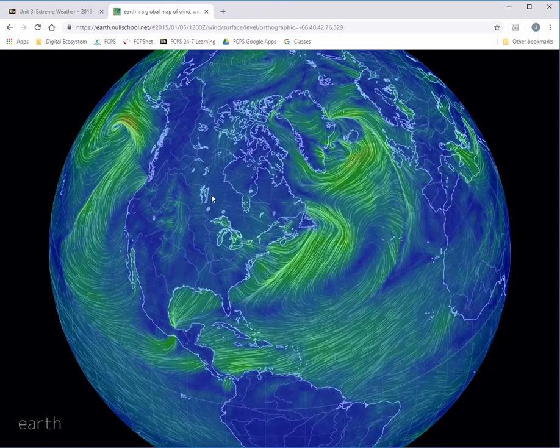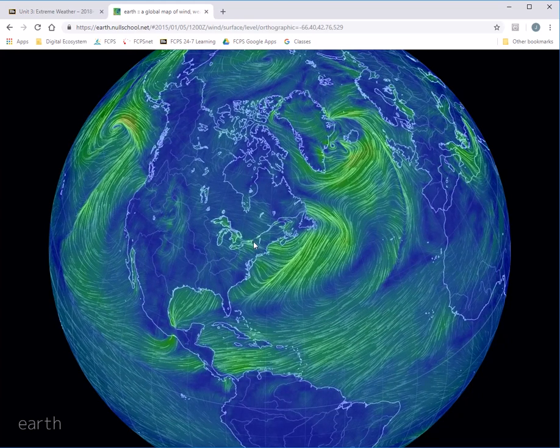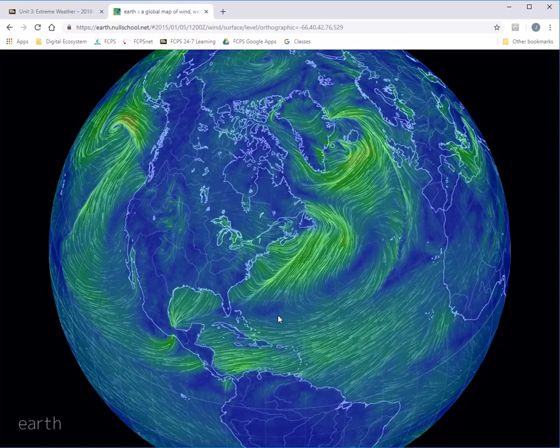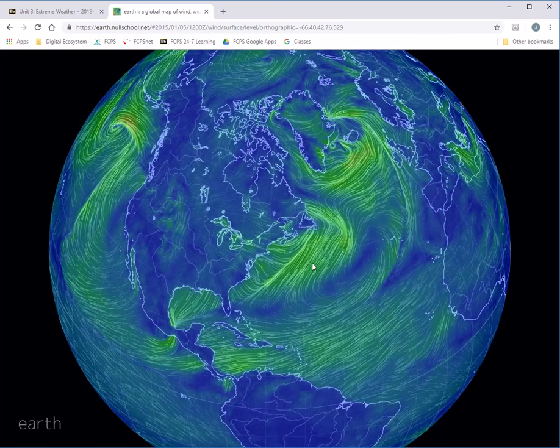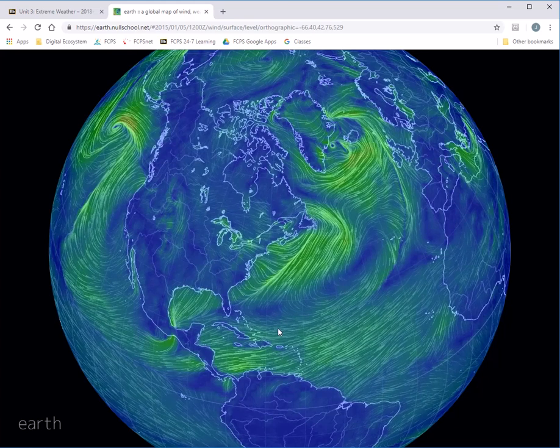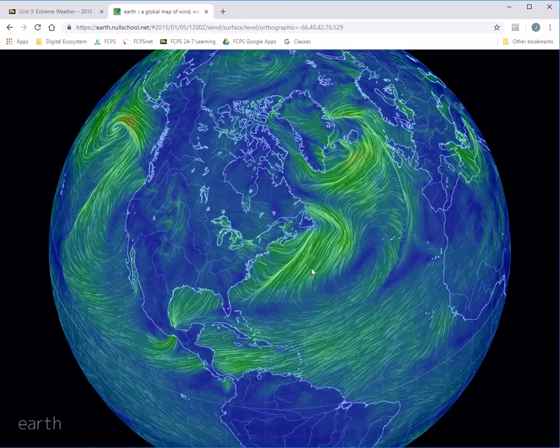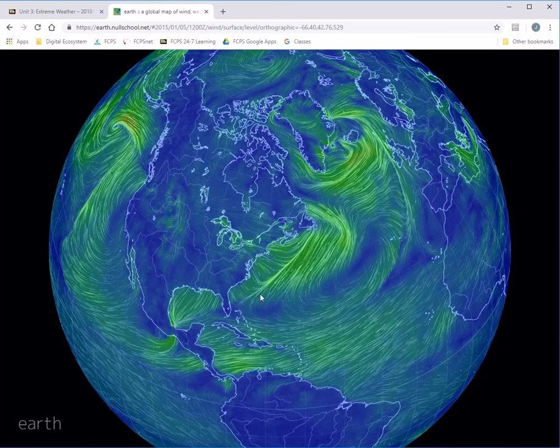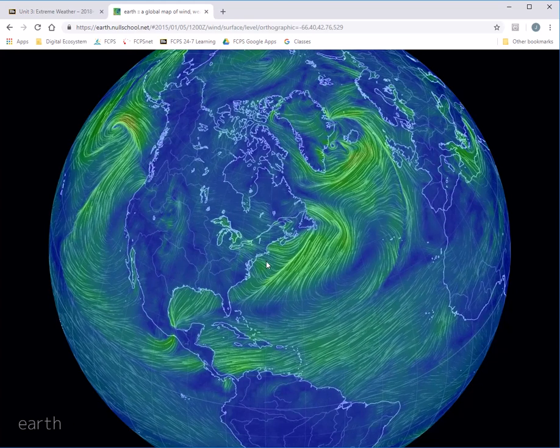These streamlines are the continental polar air coming in from the west, and these lines coming up from the south are the maritime tropical air coming out of the Caribbean. So this is warm and moist air over here. This is colder and drier air over here.